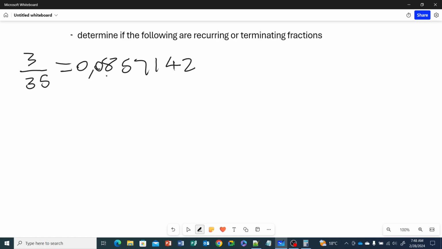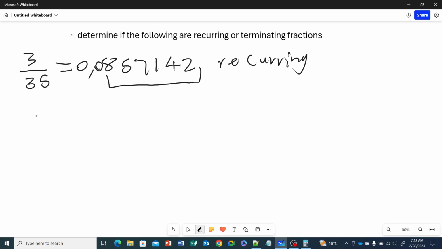These numbers here repeat themselves. So we can say effectively it's recurring.